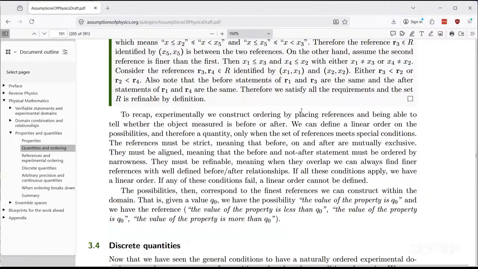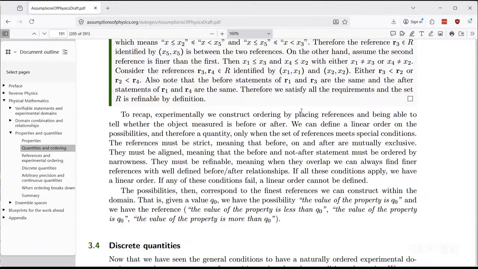To recap, experimentally we construct ordering by placing references and being able to tell whether the object measured is before or after. We can define a linear order on the possibilities and therefore a quantity only when the set of references meets special conditions. The references must be strict, meaning that before, on, and after are mutually exclusive.